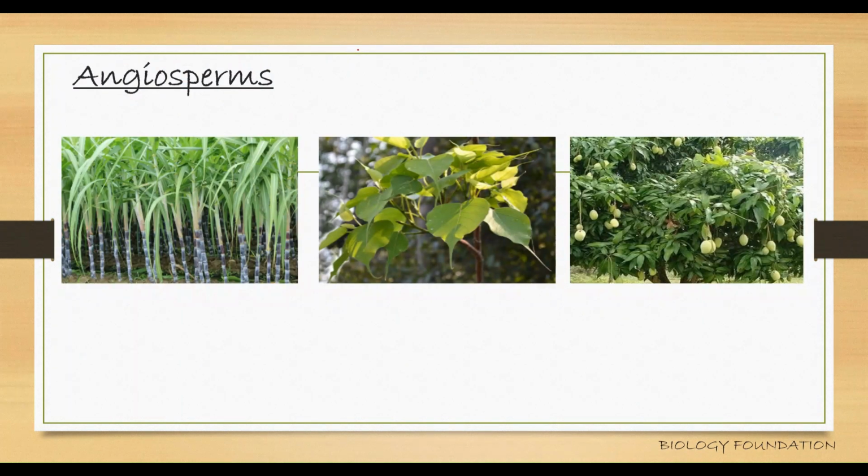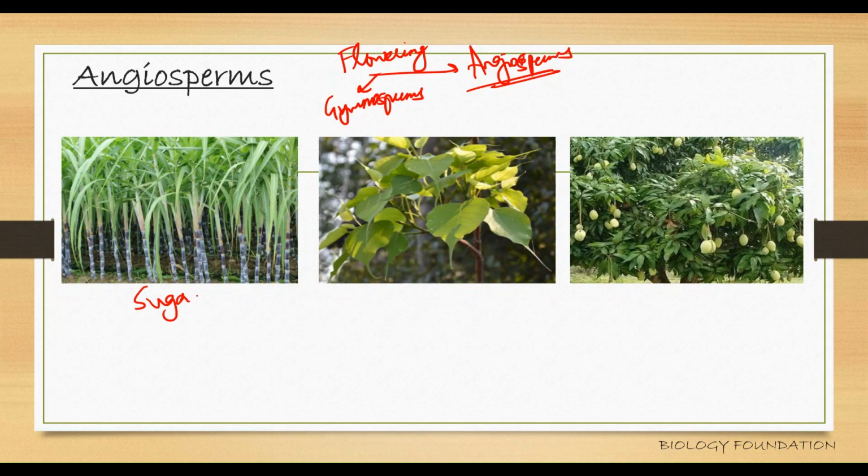Now, flowering plants can be classified into two types, I said: gymnosperms, if the seeds are not covered or present inside the fruit, and angiosperms, the plants where the seeds are produced inside the fruit. Sugarcane, peepal tree, mango, they are all gymnosperms. Okay, sorry, they are all angiosperms. I'm sorry.